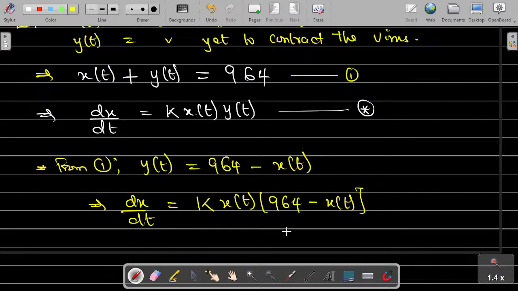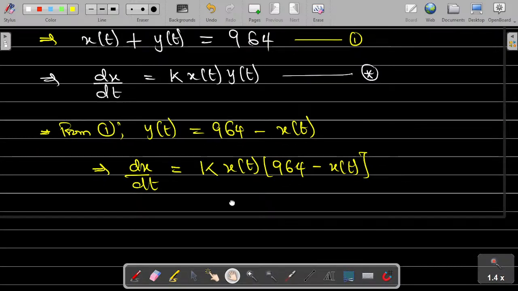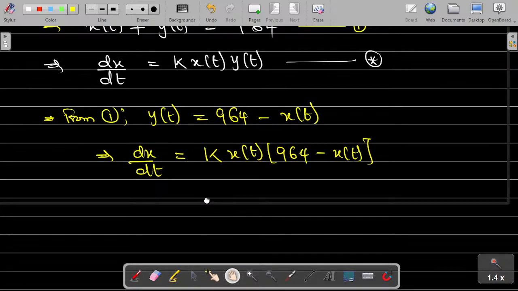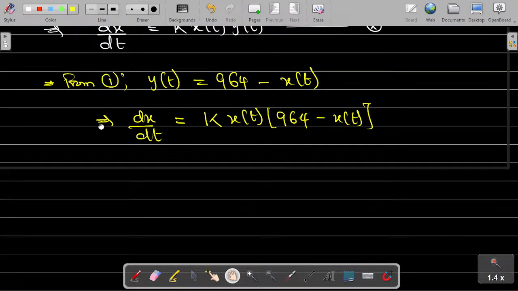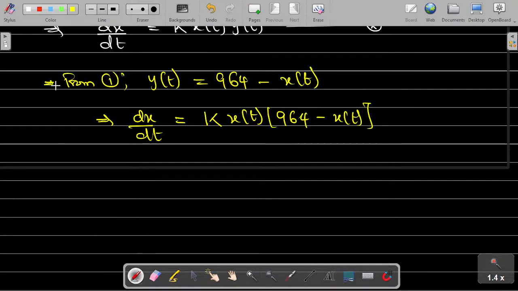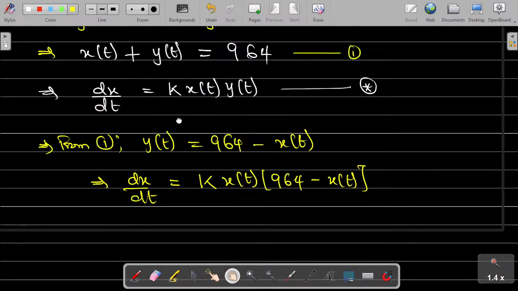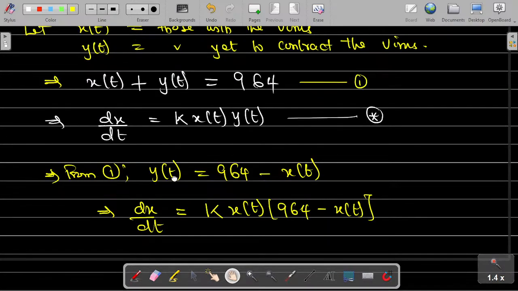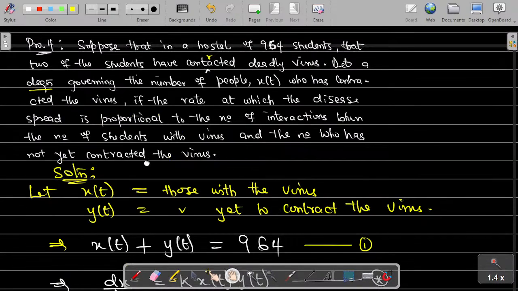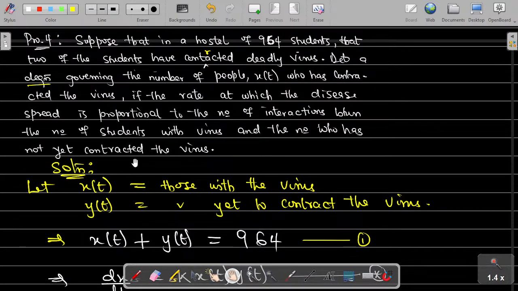Now, if we subject this to the initial condition, what will be the initial condition? That's the next step they asked us to take. If you go up to that question, I hope it does allow us to do that, you will see an initial condition you are given. They said to determine the differential equation.